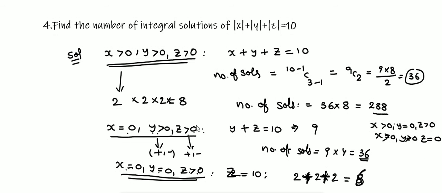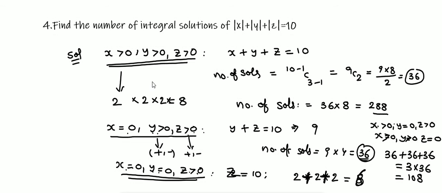So in each case you are getting 36. We have 3 such cases. So that is 36 plus 36 plus 36, which is 3 times 36, equal to 108.